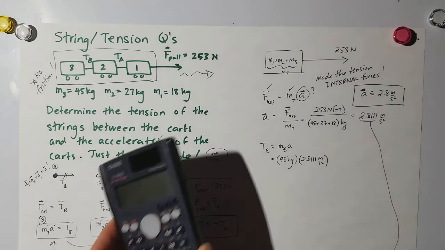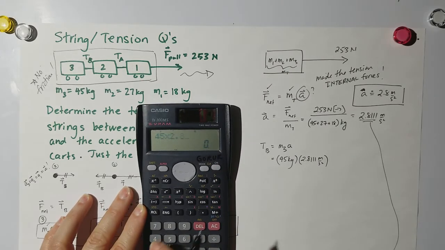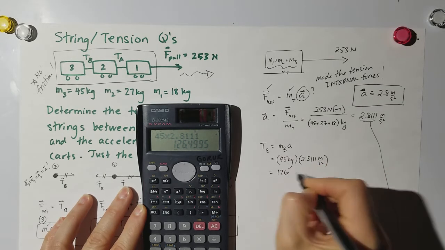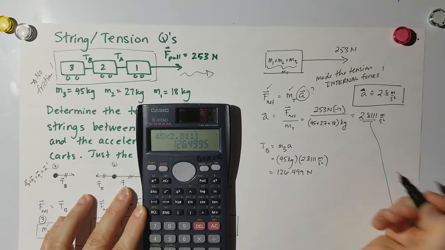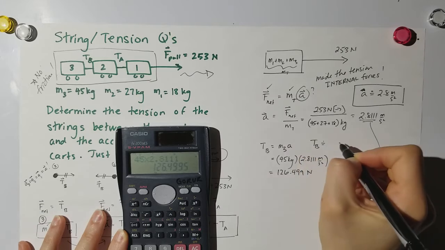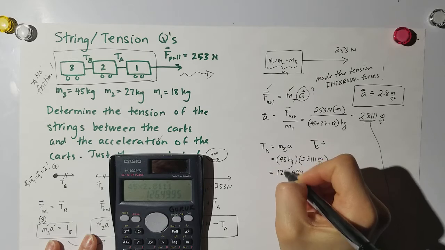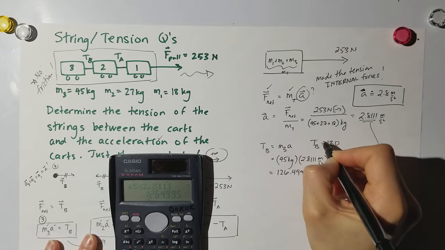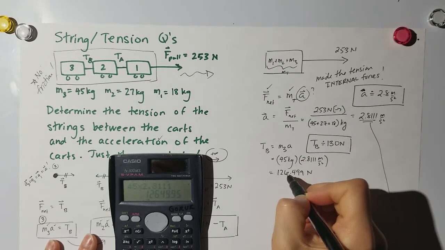So I go ahead and take your calculator, take 45 times 2.8111, and that's going to equal 126.499 newtons, okay? So tension B is approximately equal to, I can only have two significant figures because my mass is only two significant figures. So that's actually going to get rounded to 130 newtons because this 6 is greater than 5.